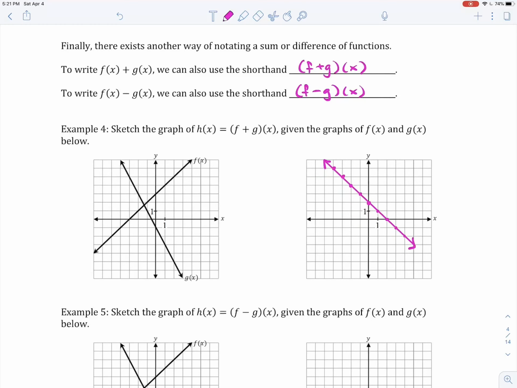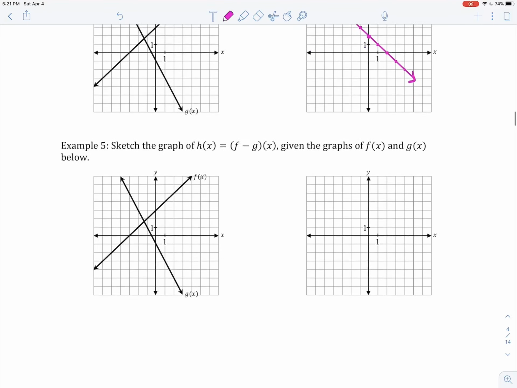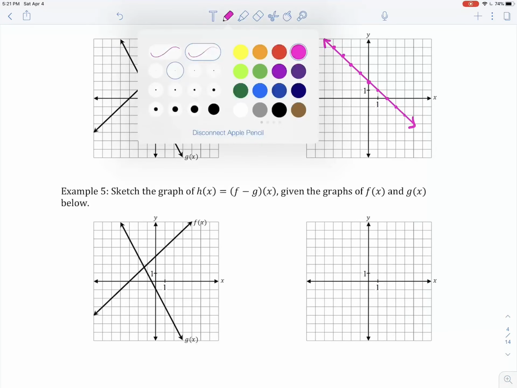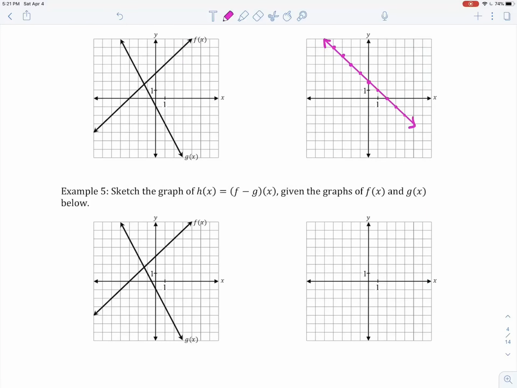Arrowheads at each end because each goes on forever and ever. And this other one. That's good.